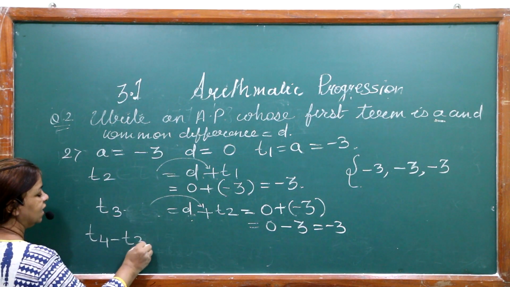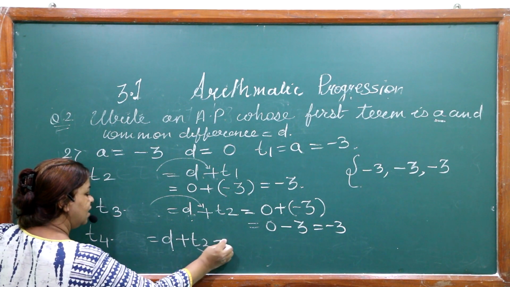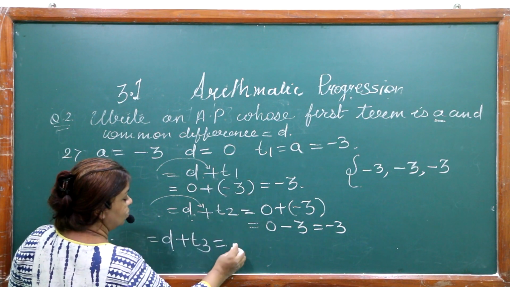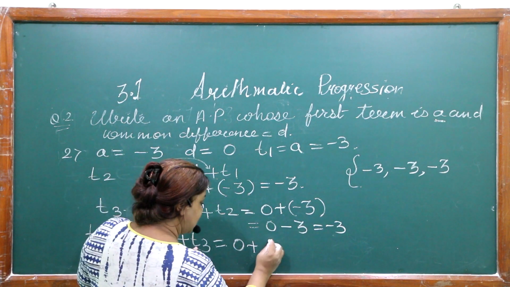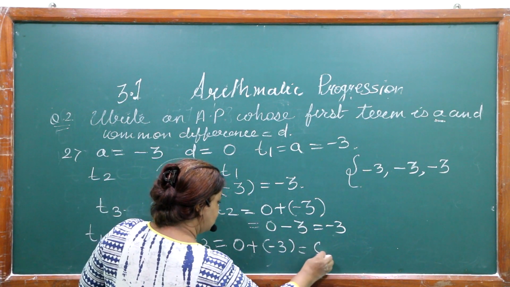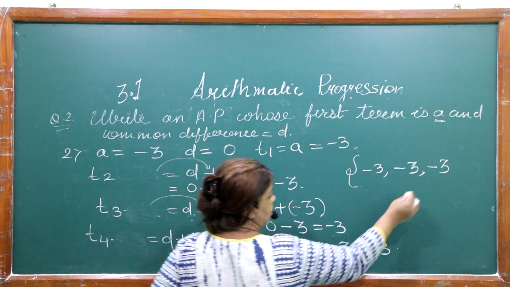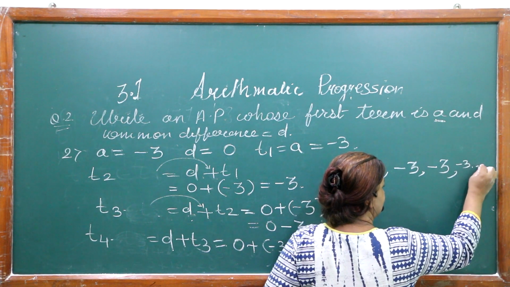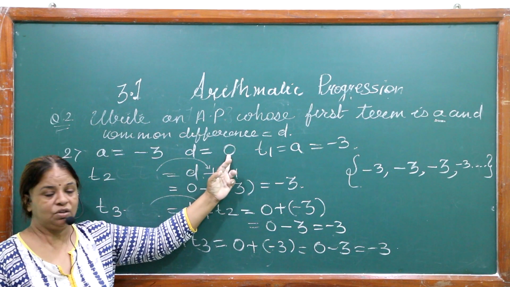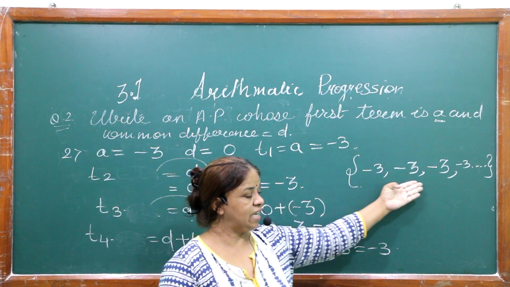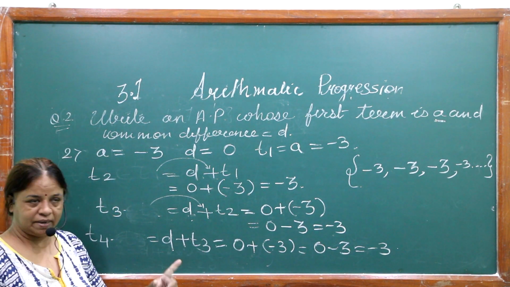T4 minus T3 is equal to D. Again, T4 is equal to D, which is 0, plus term 3, which is minus 3. Therefore 0 plus minus minus 3 is equal to minus 3. So the fourth term is also minus 3, as the difference between any two consecutive terms is 0. Therefore all the terms in the AP will have the same value: minus 3, minus 3, minus 3.